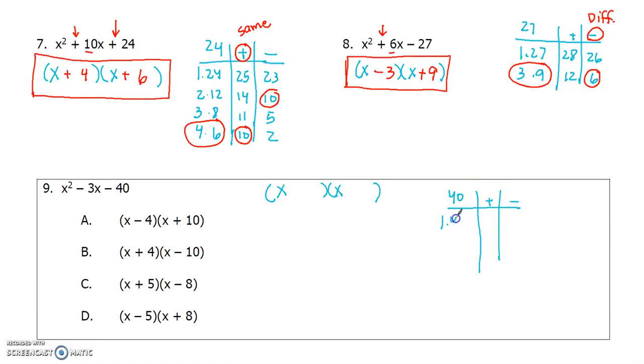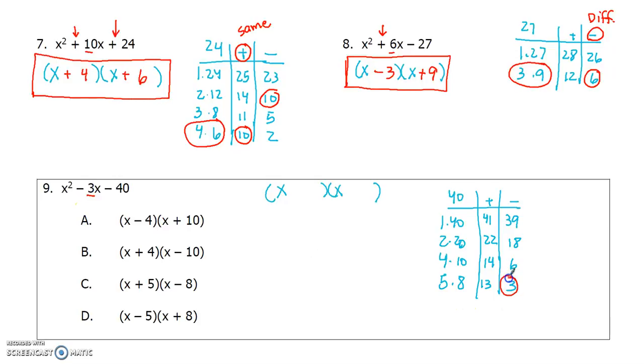I have 1 times 40, 2 times 20, 4 times 10, 5 times 8. I will add and subtract, add and subtract, add and subtract, add and subtract. And I am looking for the middle term of 3.